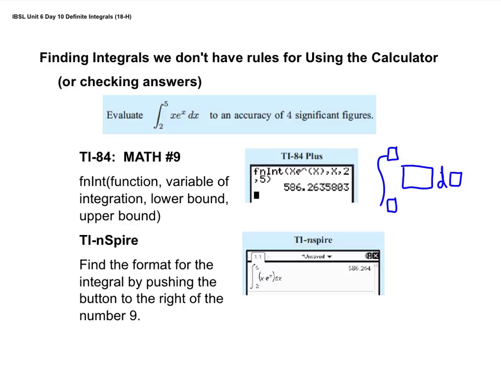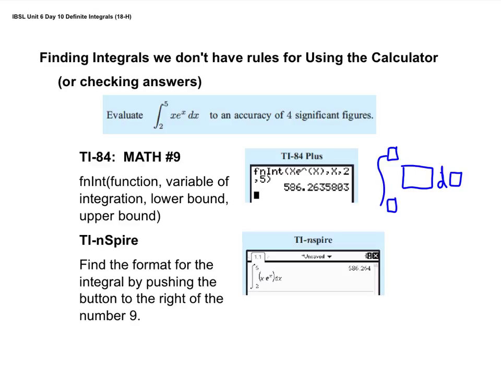It's a pretty intuitive order, but you would have to remember it.